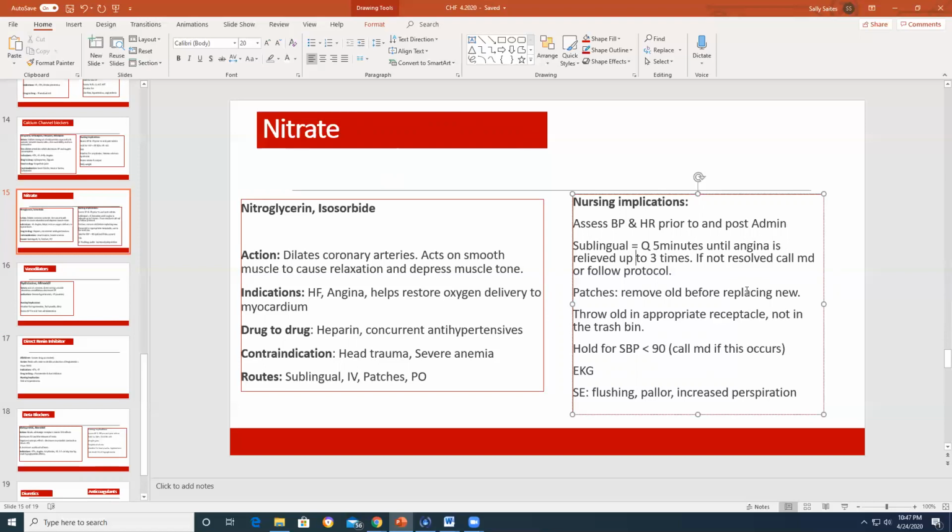The isosorbide, like I said, can be given IV. Nitroglycerin is very common in patches. The old patches need to be removed before the new ones are placed because of the vasodilation.